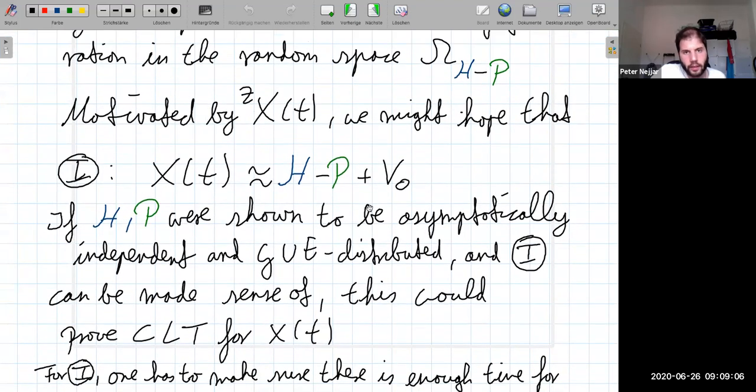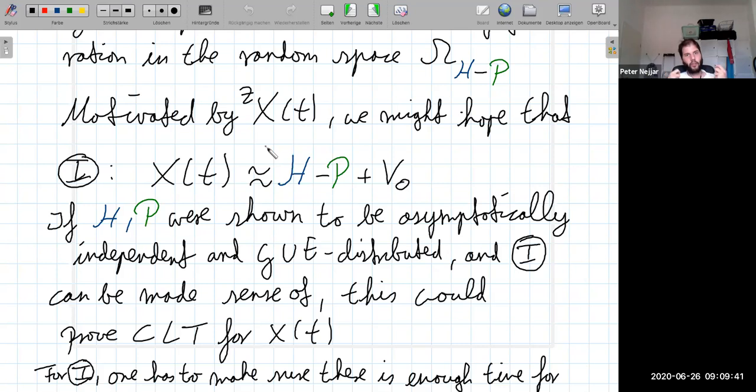However, you should be very skeptical about this. In order to justify this approximation, I used a result which was for a deterministic state space, where I was sending time to infinity. Now I'm in the random state space, the time parameter also goes to infinity, and the initial data also depends on time.